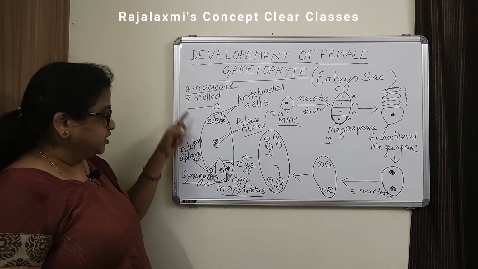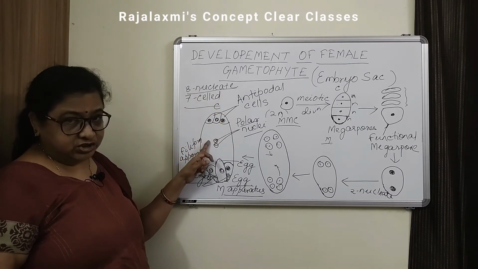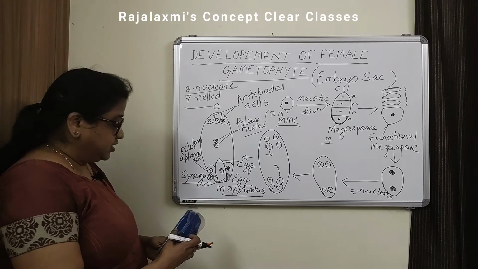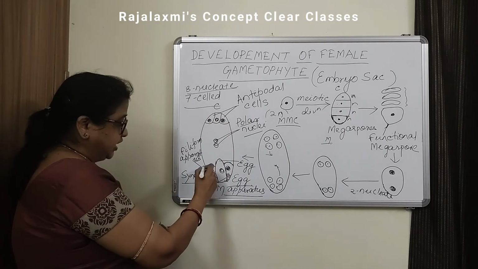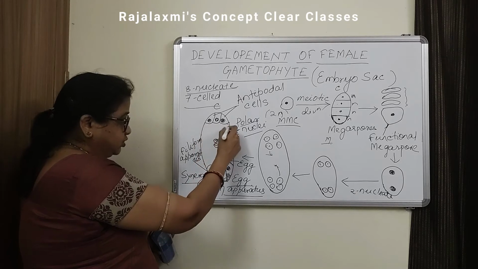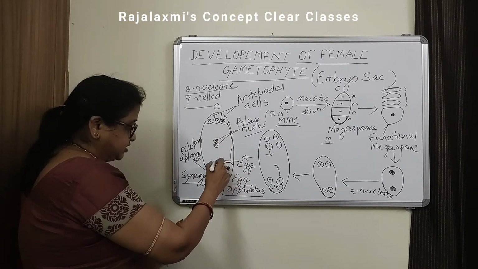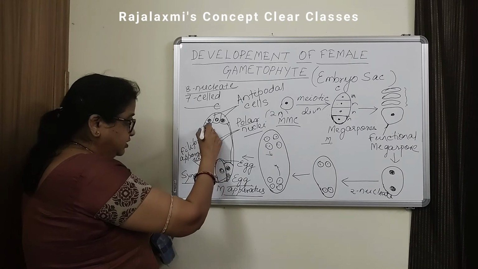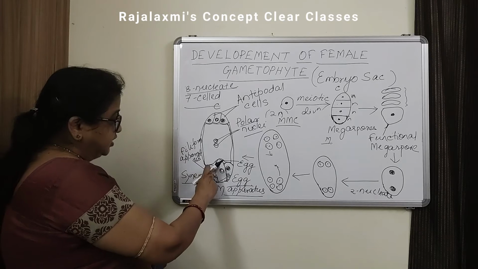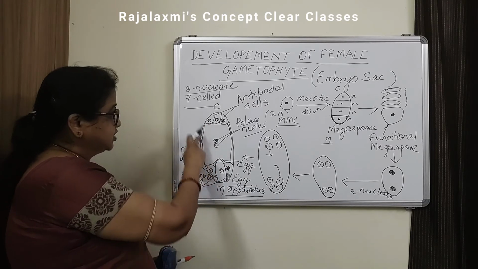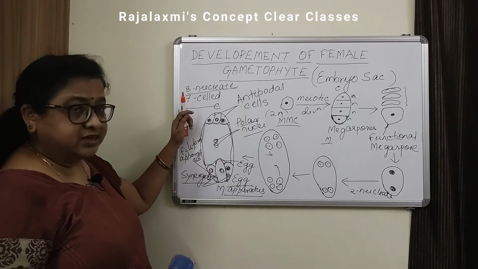So it is an 8 nucleate structure, and 7 celled. These are 3 cells, here also 3 cells, and the middle cell which contains the polar nuclei. This is also a large cell. So 3, 3 and 1, so 7 cells. So it contains 7 cells and 8 nuclei.